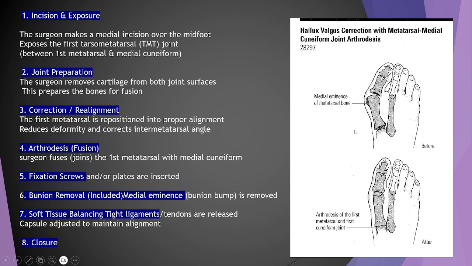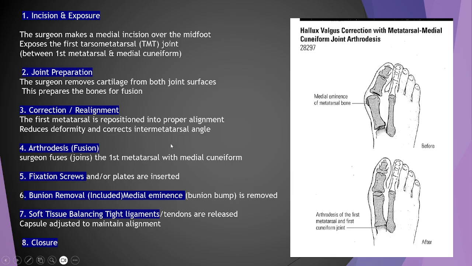So the main thing is that if joint preparation has been done, it means the surgeon will remove the cartilage from both surfaces for the fusion purpose. So why is joint preparation done? For the fusion purpose. That is a key point. After that, the correction has been done, and the first metatarsal is repositioned into alignment to reduce the deformity and correct the intermetatarsal angle.